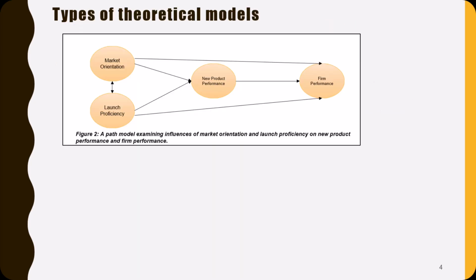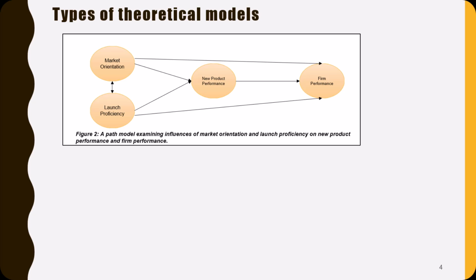But the second type of theoretical models is path models. In path models, we can test the relationships between observed or latent variables. As you see in this path model, we have 4 latent constructs or variables.